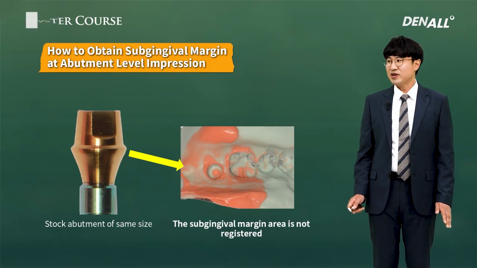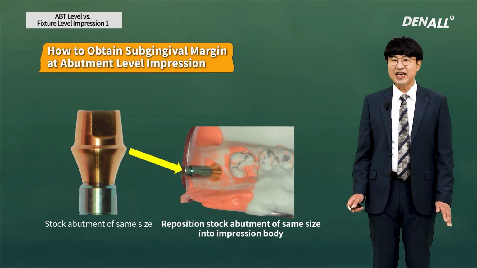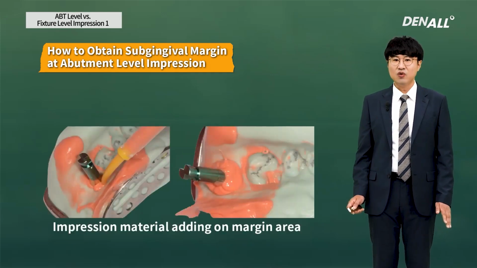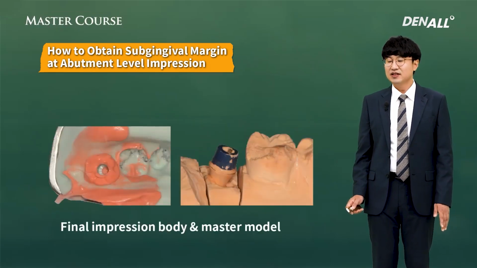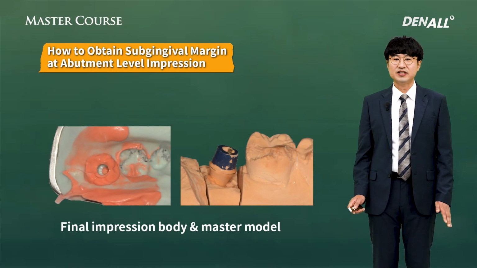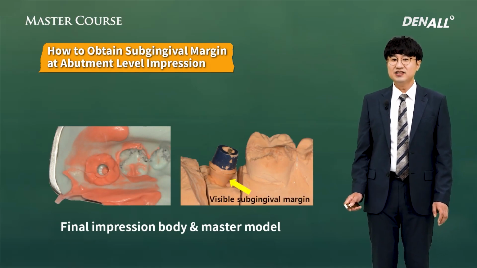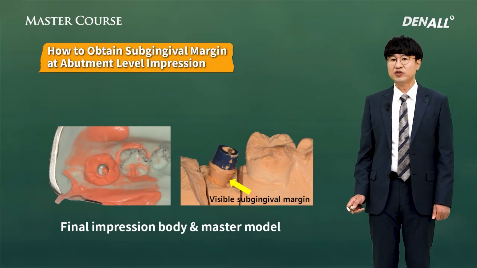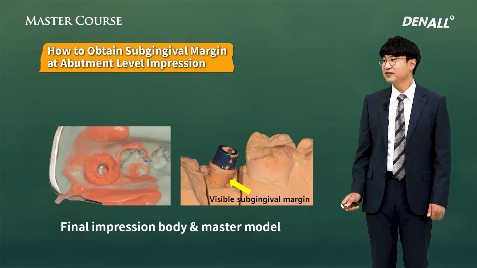You see there is not full registration in the margin area, so a stock abutment of the same size is repositioned and impression material is added on the margin area. The abutment is then removed and a stone model is created, and you can see the subgingival line visible in the model. Now the lab can create the prosthesis very easily.